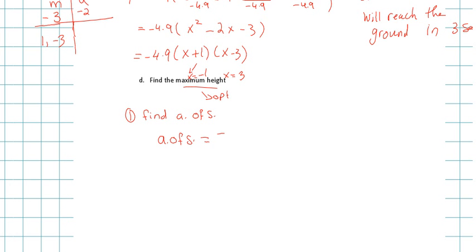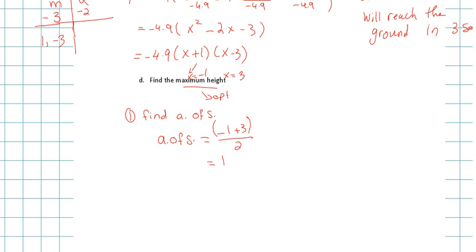So that's going to be 1, right? So my axis of symmetry is at 1? -1 plus 3 is 2. 2 divided by 2 is 1. If you don't put the -1 plus 3 in brackets, it will not work on the calculator.